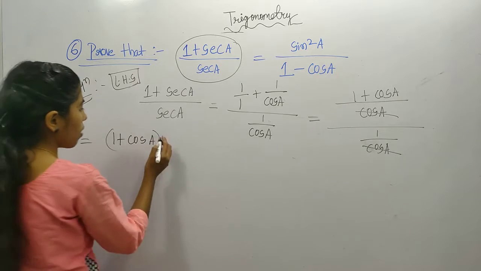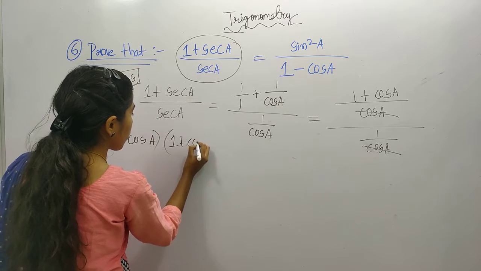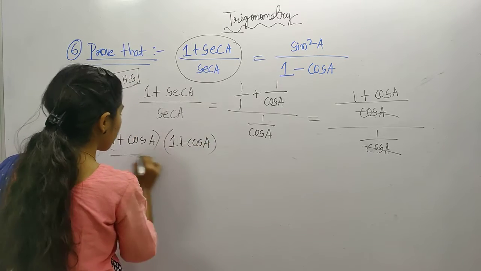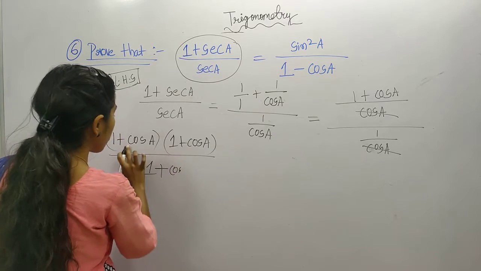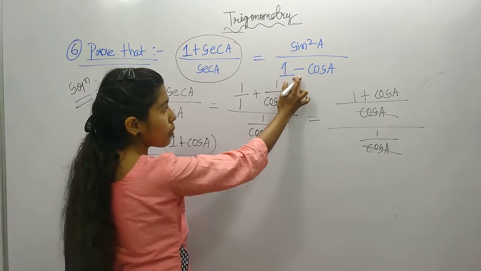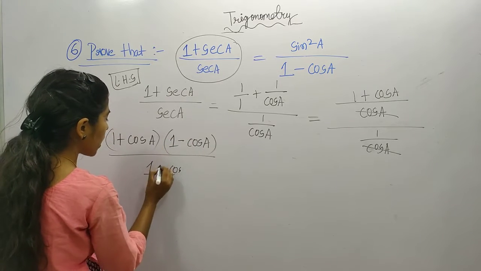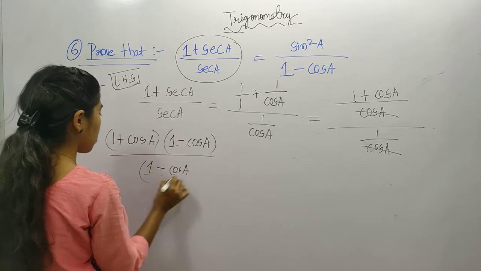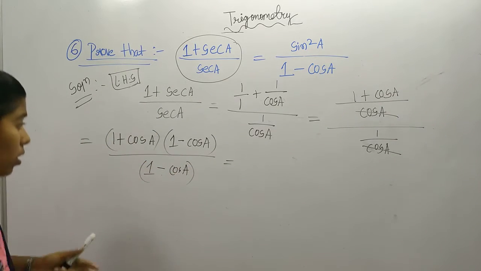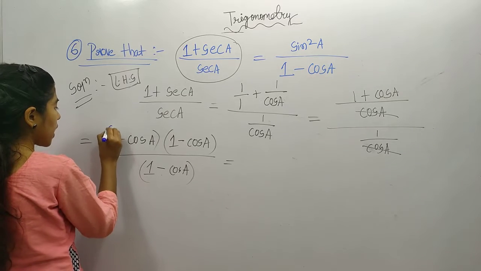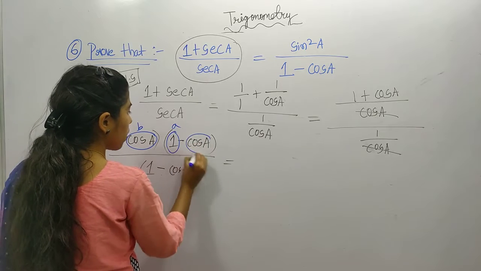So I have already said you will multiply the numerator, that is 1 plus cos a, and the same you have to divide, that is 1. So here 1 plus cos a, but we have to bring minus. So here you will do 1 minus cos a. Here also the same 1 minus cos a. So what it will become? Let this be a, this be b, this be a and this be b.